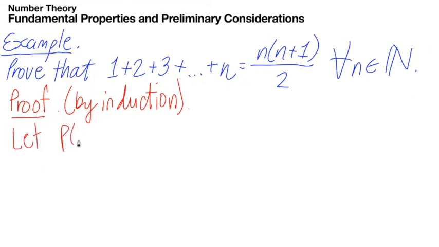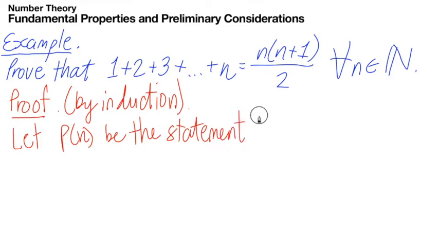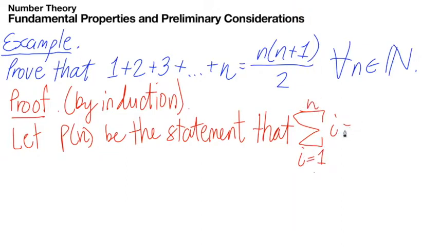Let p of n be the statement that the summation of i running from 1 up until n is equal to n times the quantity n plus 1 all over 2.